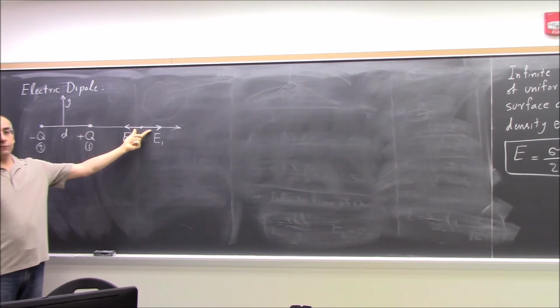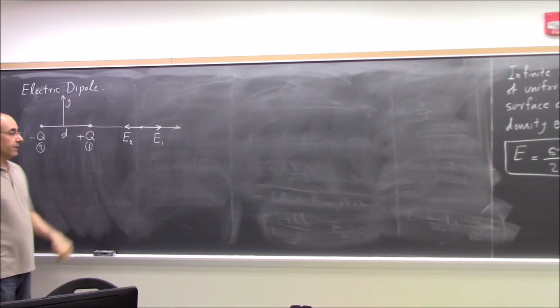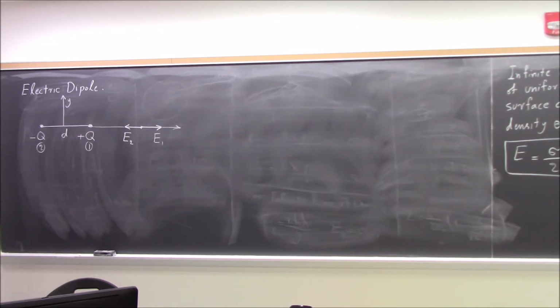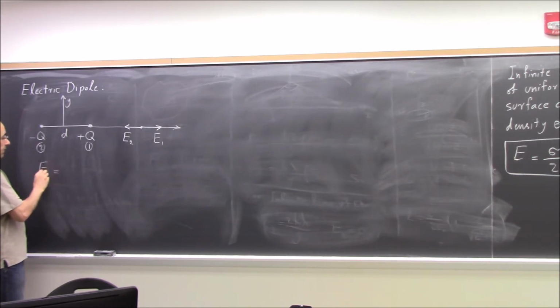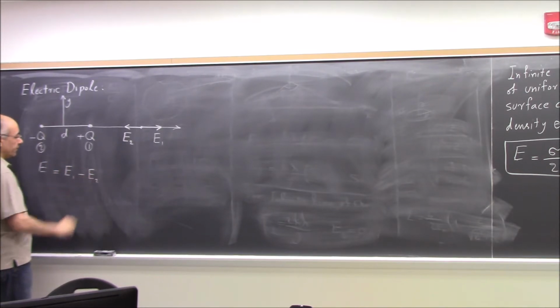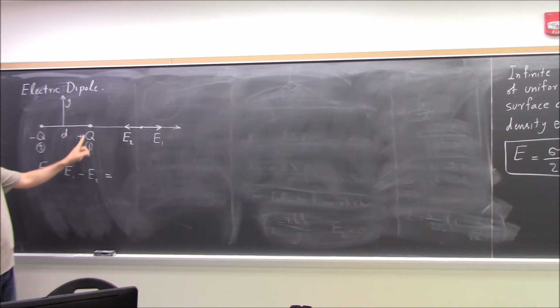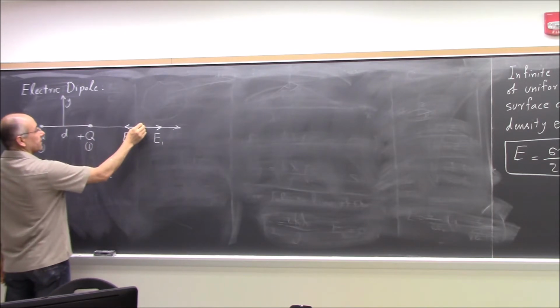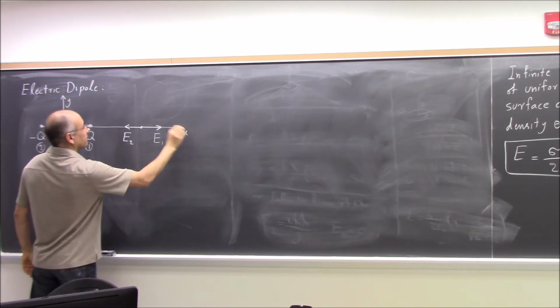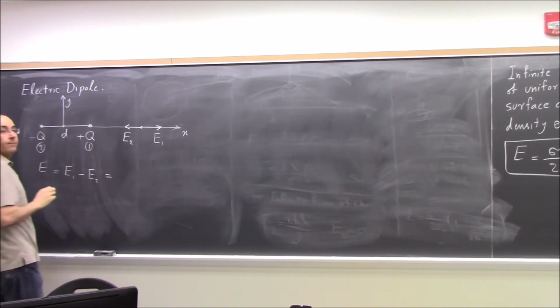And in order to find the total electric field, you need to do E1 minus E2. The magnitudes subtract because the fields are in the same orientation. So the electric field in this case will be E1 minus E2 in magnitude. And for E1, this is an x-axis, this is the y-axis, so this is point x from this point, right?